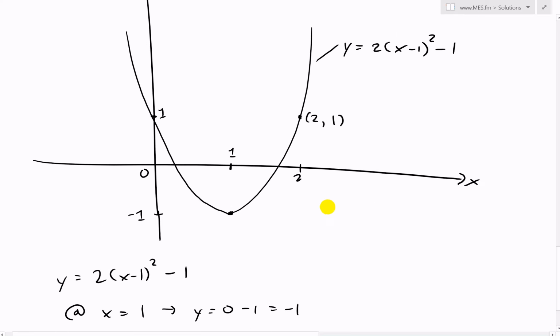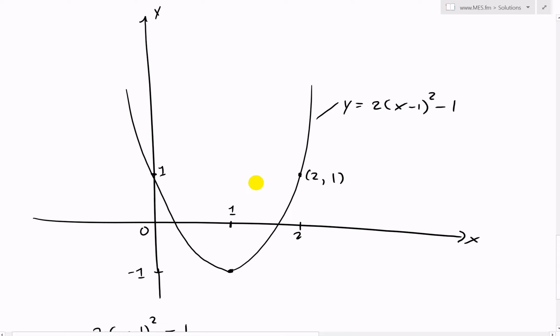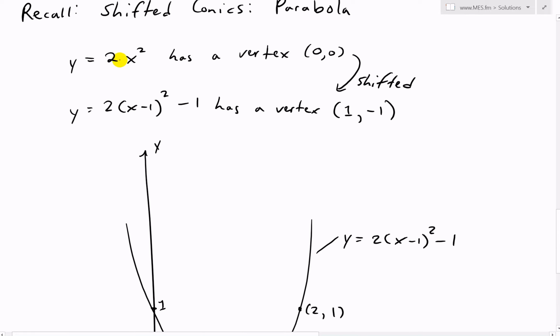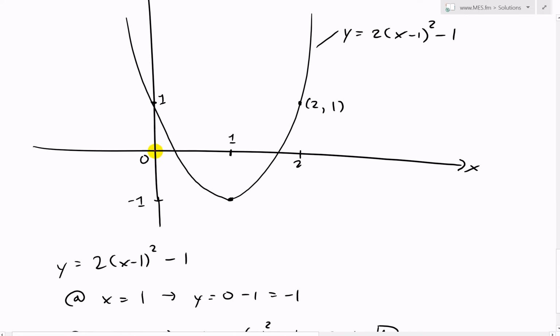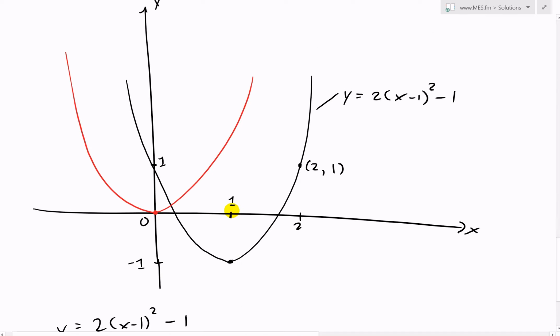And now what we could do as well is draw the original y equals 2x squared, just to show you how it shifts. If we had it over here at the origin where the vertex is, this just goes up like this. I'll draw this a bit better.